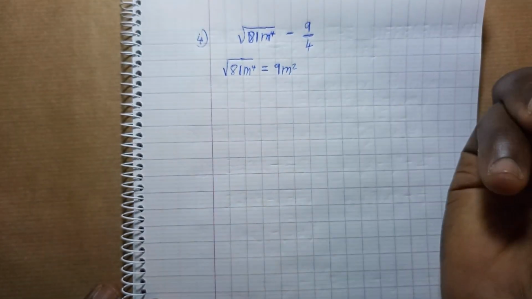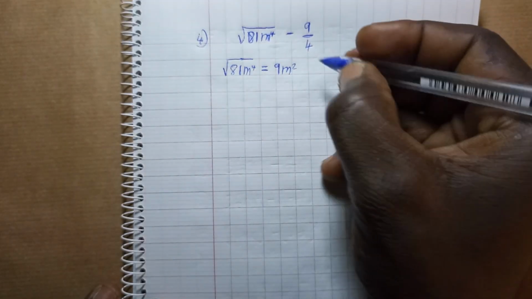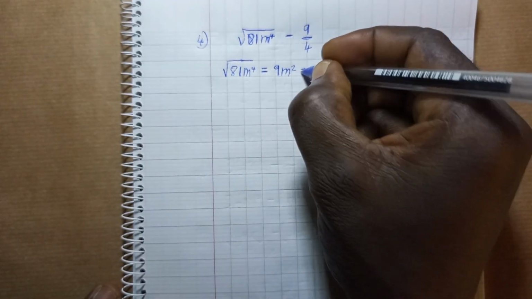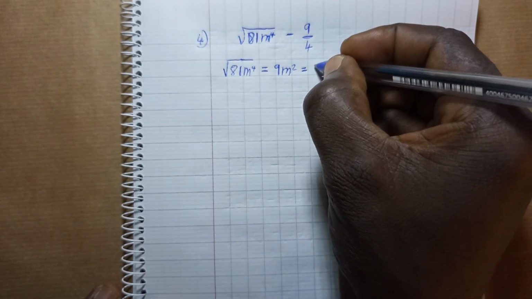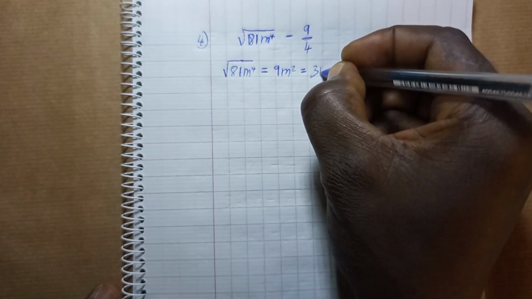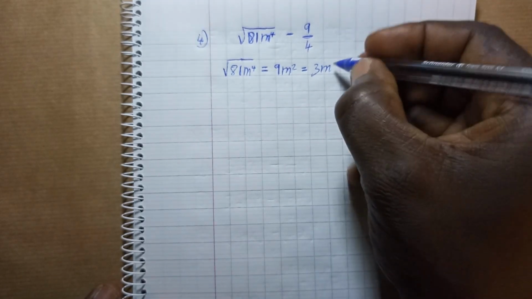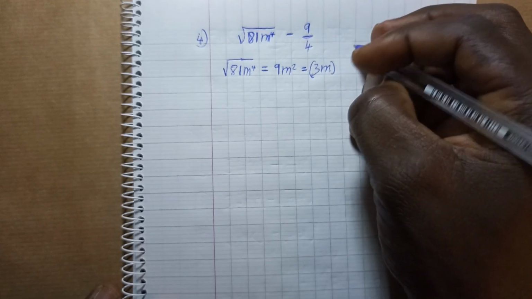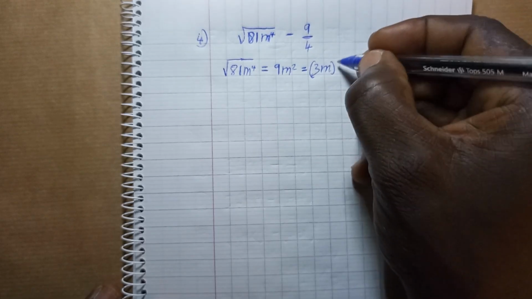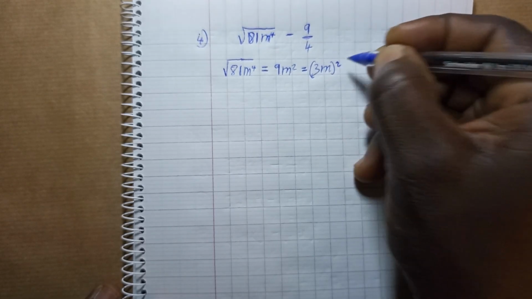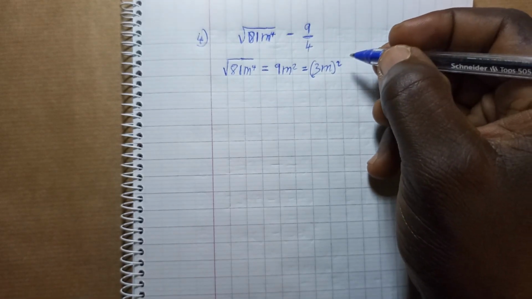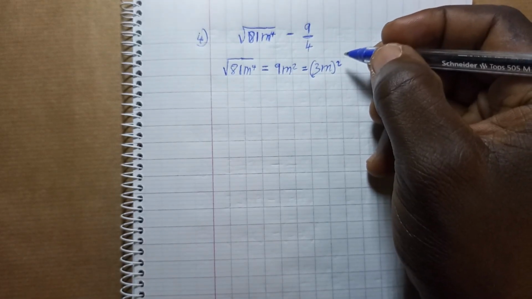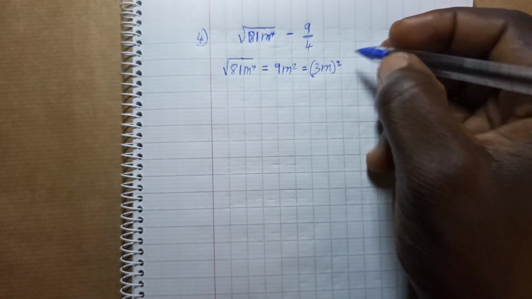9x square, which again can be broken down into 3x square. Wow, I've been making a mistake.